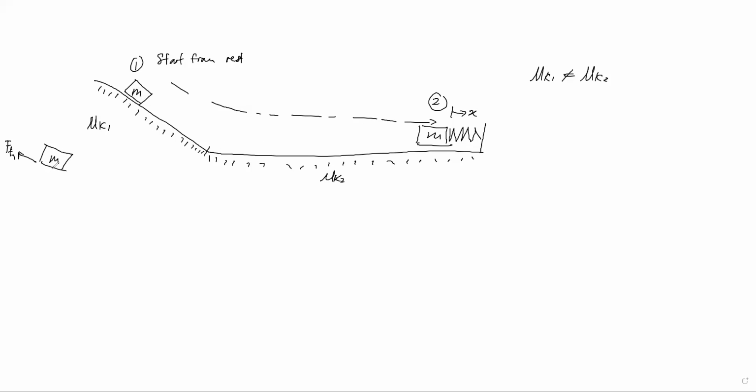Then going down here, you have W, which is mg, of course. This is inclined at a certain angle theta, and here you have theta as well, and you have the normal force, which I put as N1.